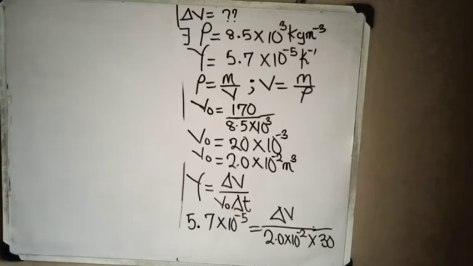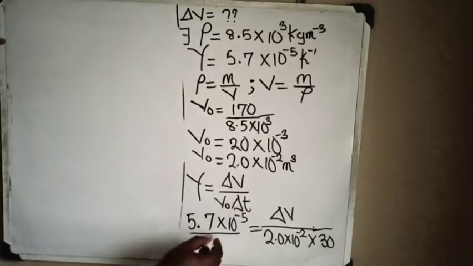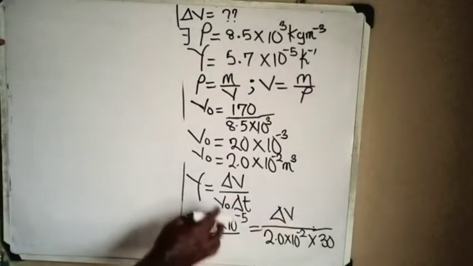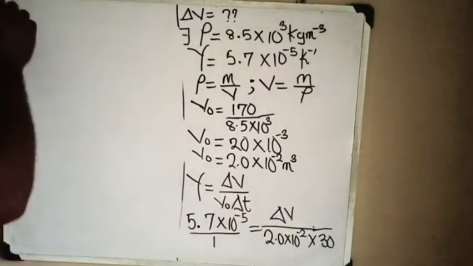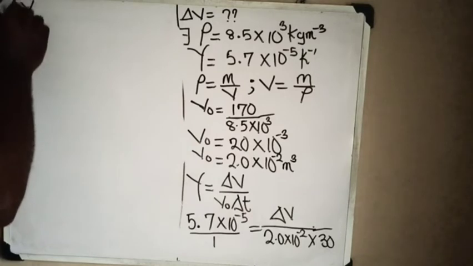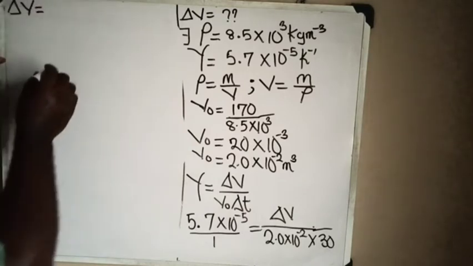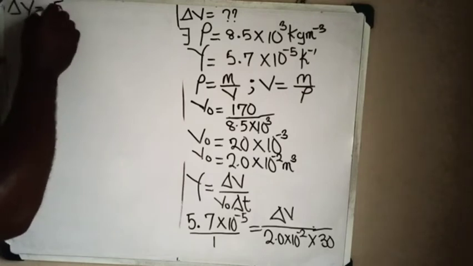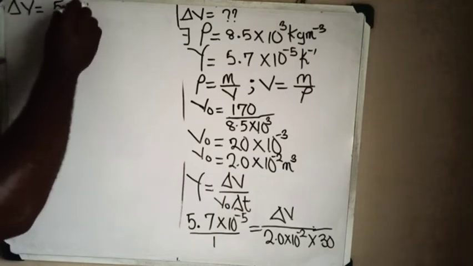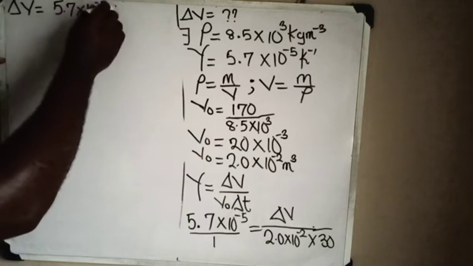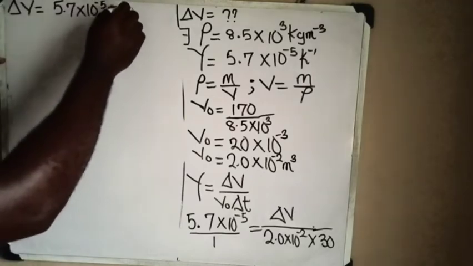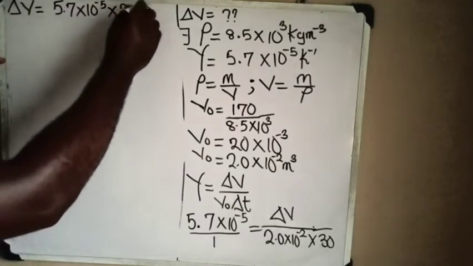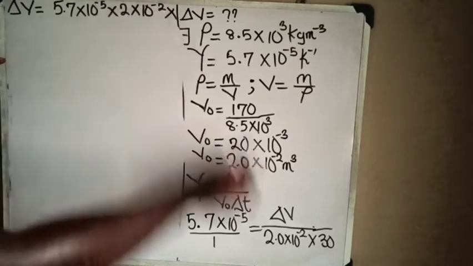Okay, here we can call this all over 1 and cross multiply. This multiplies this, while this multiplies this. That's change in V times 1, which is also change in V. And that will give me 5.7 times 10 to the power of negative 5 times 2.0, that's just 2, times 10 to the power of negative 2 times 30.